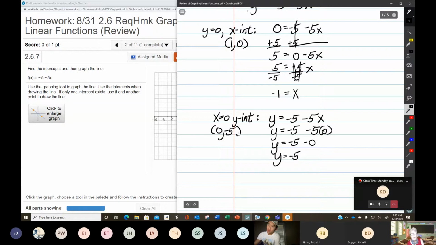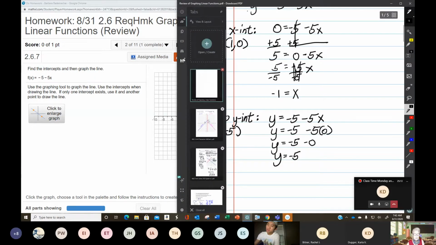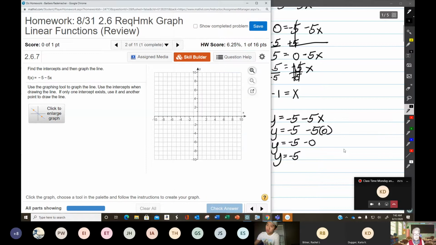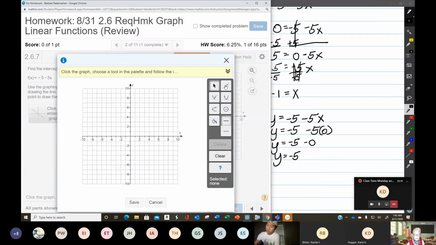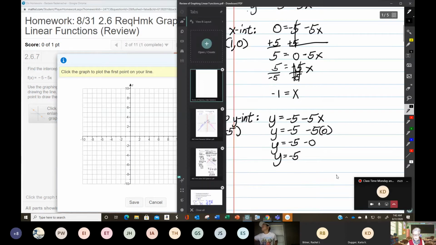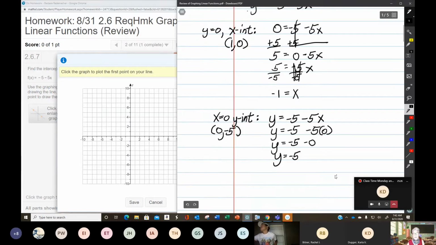And now I will plot my points and get a line and hopefully get all my percents. Okay, so click. I'm graphing a straight line. How do I know I'm graphing a straight line?